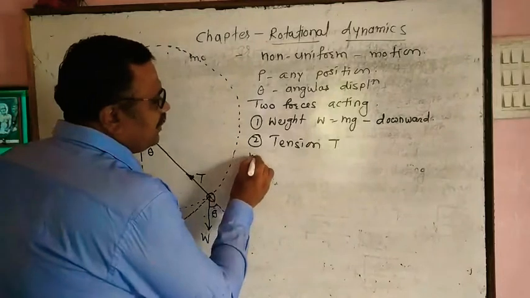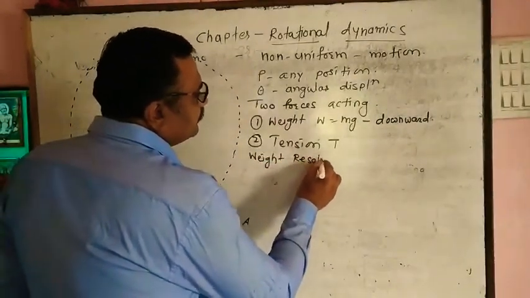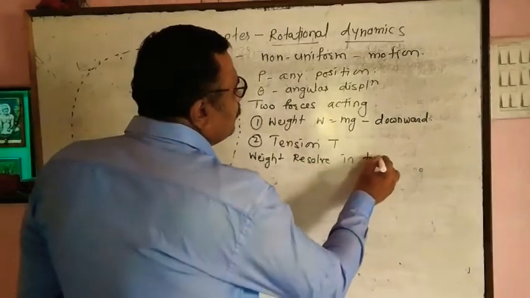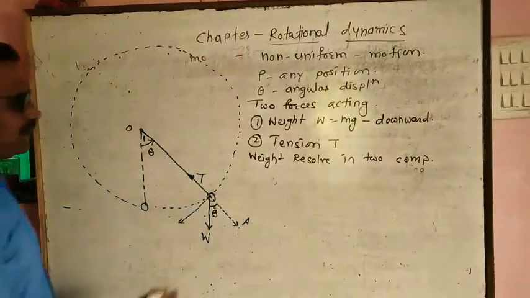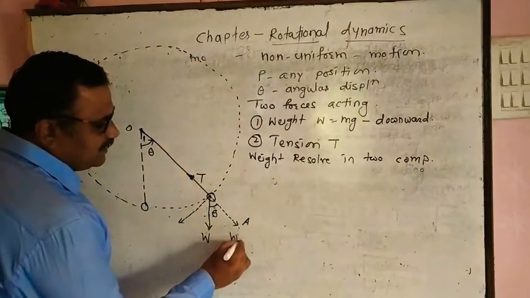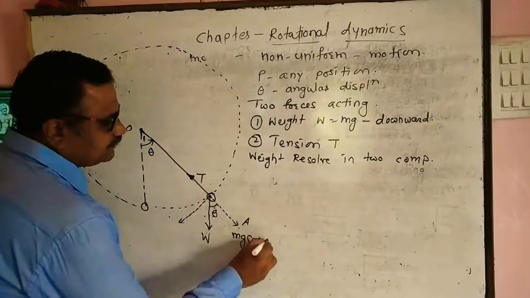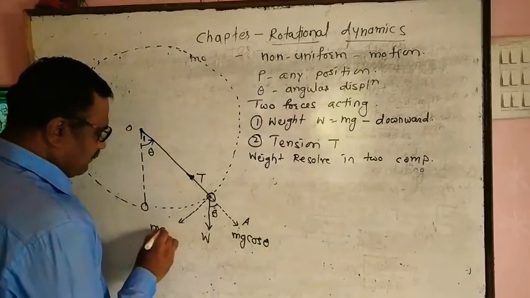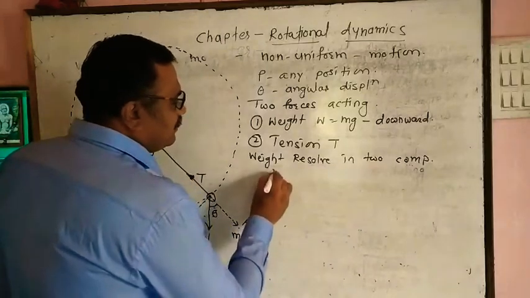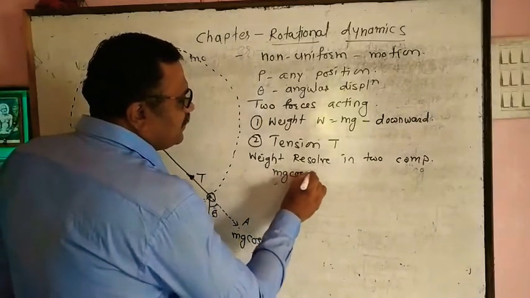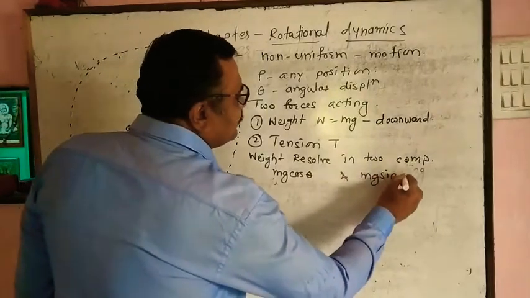Therefore, we can resolve weight into two different components. The first component is equal to mg cos of theta, and the second component is equal to mg sin of theta, as shown in this figure.